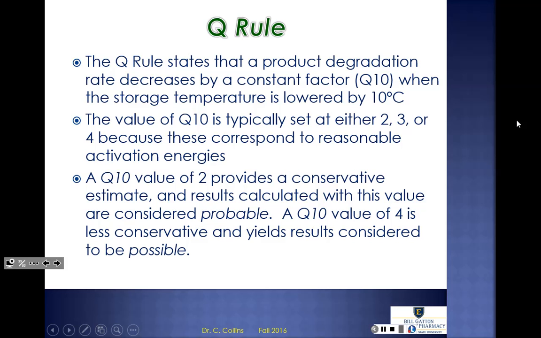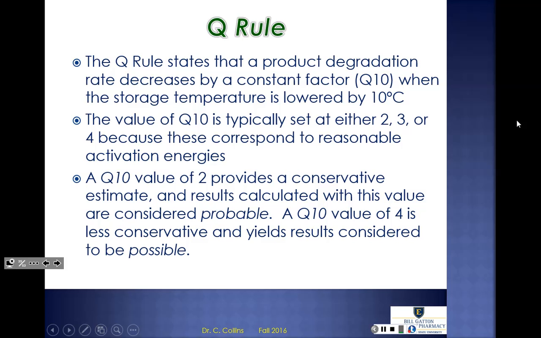Say product degeneration rate decreases by a constant factor when the storage temperature is lowered. So this states it the reverse of what I did, that it increases for every 10-degree increase, and it would go in line that if you refrigerate something or freeze it, that it would slow down the degradation, and that's one of the purposes for refrigeration or freezing.